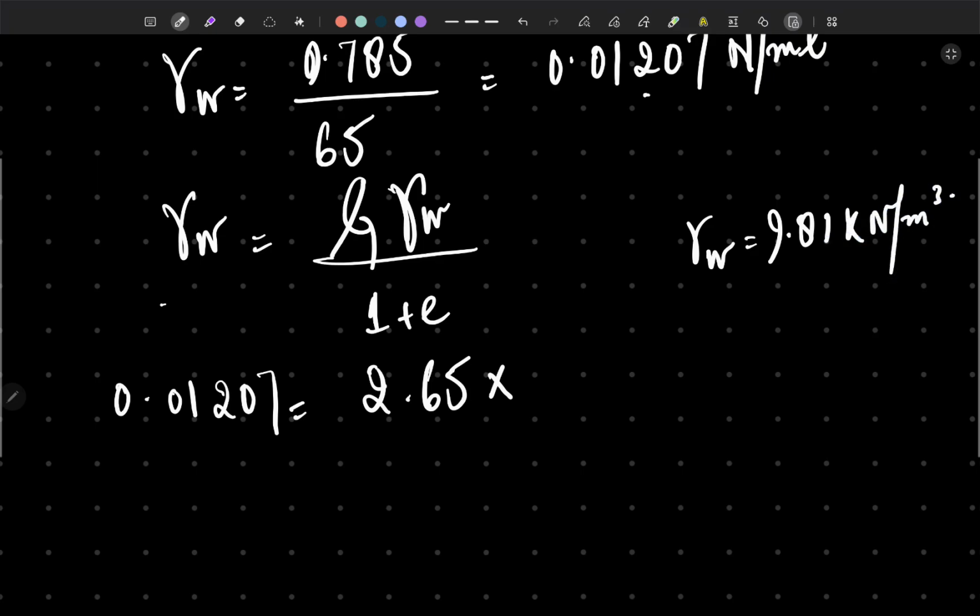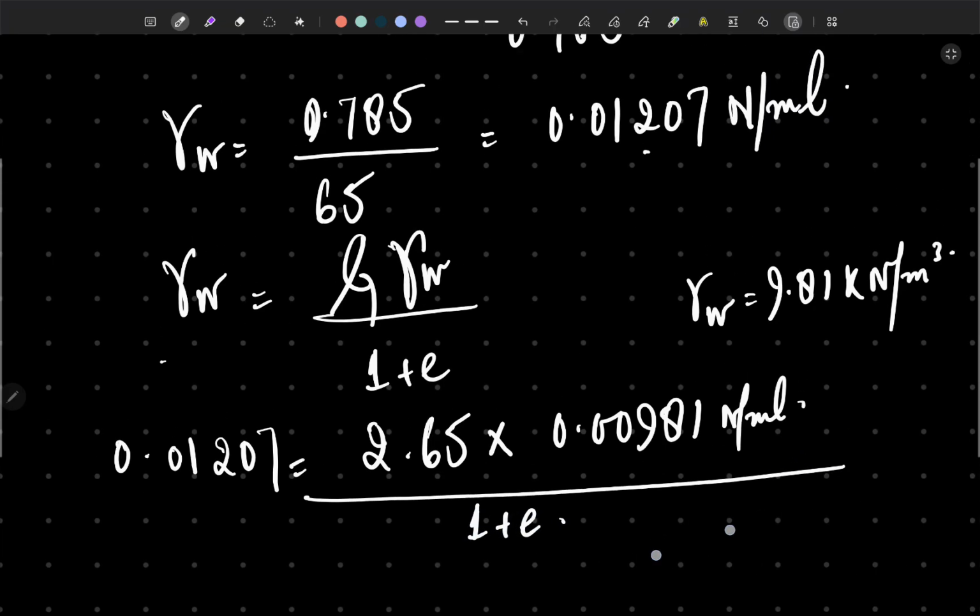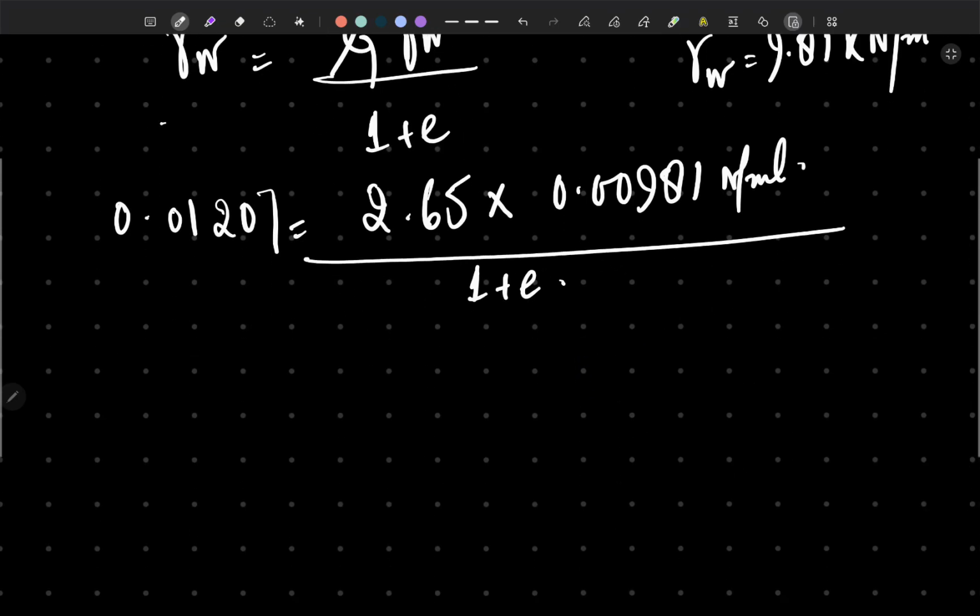So that is 0.00981 Newton per ml, divided by 1 plus E. Upon calculations, E is equivalent to 1.145.